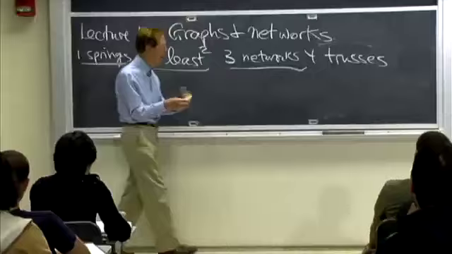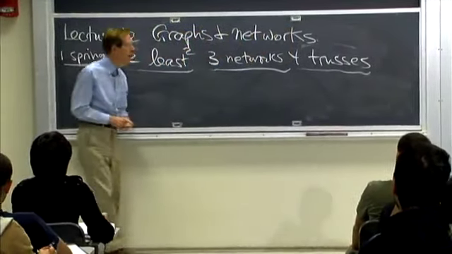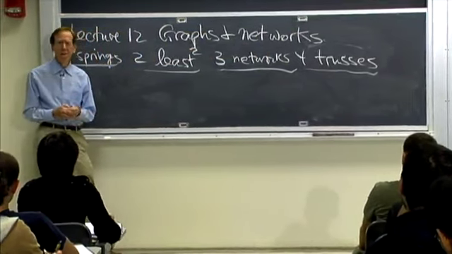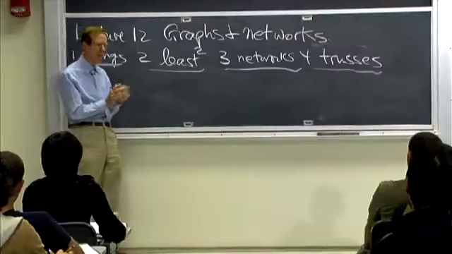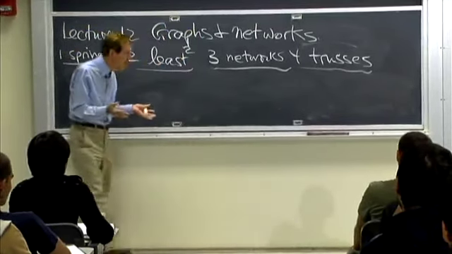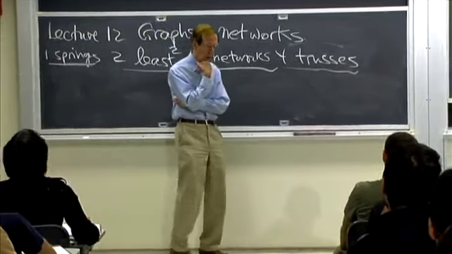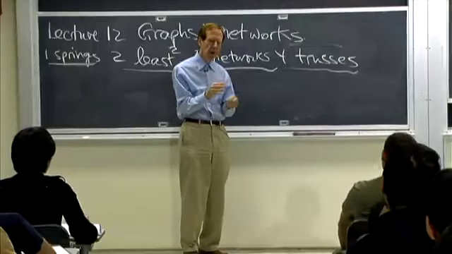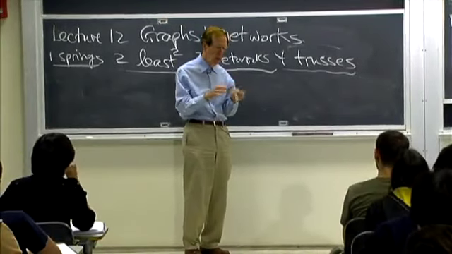And looking ahead, trusses are there partly because they're the most fun. You'll enjoy trusses. It's kind of fun to figure out, is the truss going to collapse or not? And what's the linear algebra in there? The collapsing or not will depend on the solutions to Au equals 0.